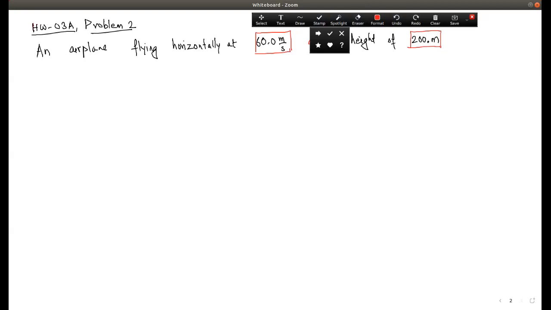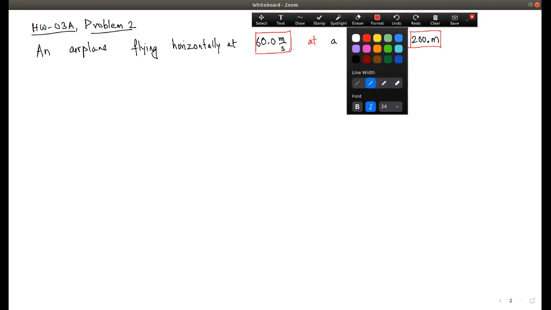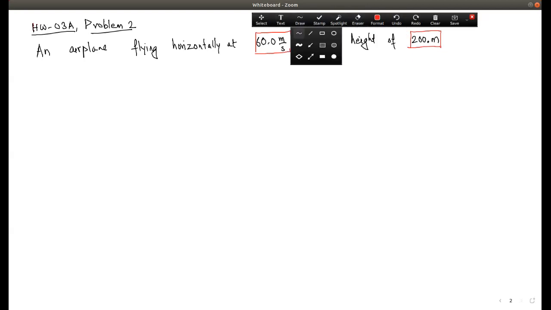So the diagram here will be, so this is a straight line. Let's say that's the ground. And we have 200 meters above the ground, which will be this dotted line.